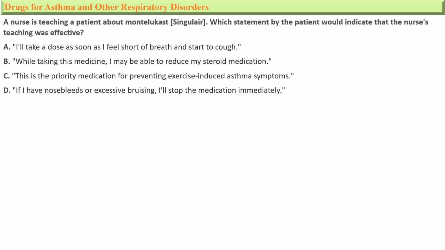The effect of Singulair develops slowly, so it cannot be used as a quick relief agent. Short-acting beta-2 agonists are preferred for exercise-induced asthma. Singulair does not affect coagulation, so bleeding and bruising do not occur.